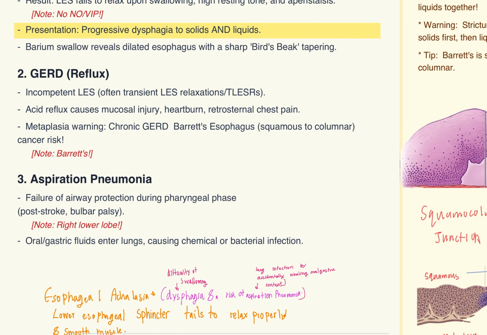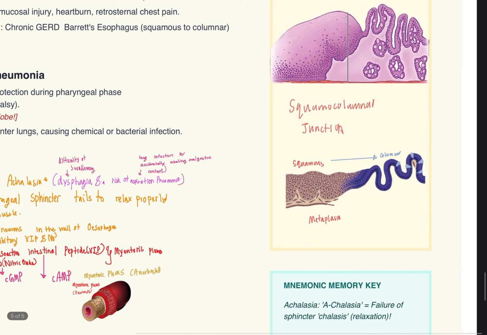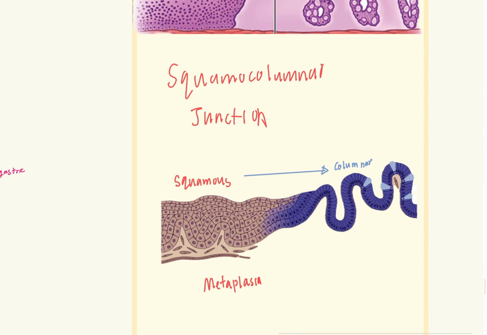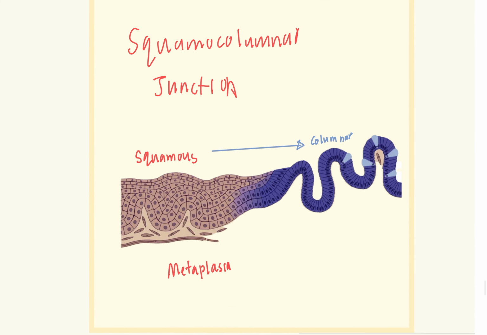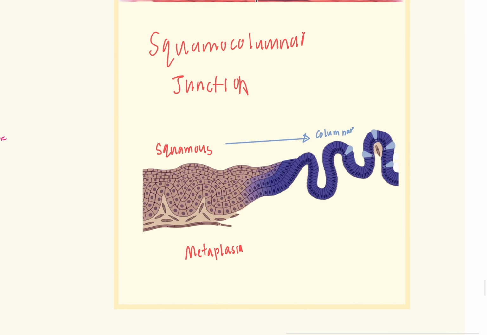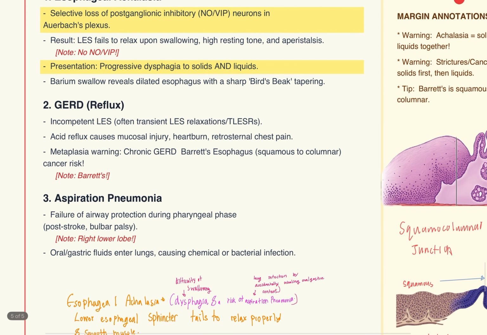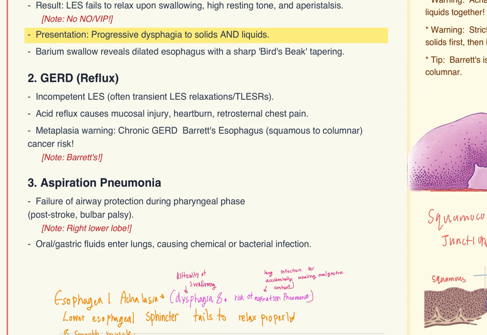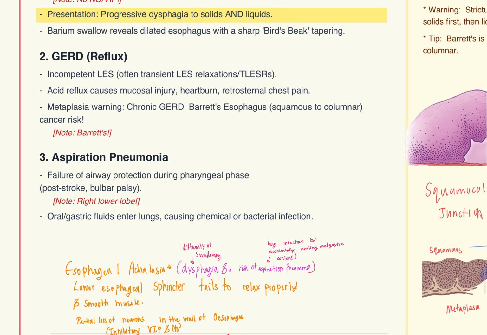So it causes mucosal injury, heartburn, and metaplasia might grow. That means the squamous cells will get replaced by columnar cells which are acid resistant. So that is called Barrett's esophagus, squamous to columnar, and there's a cancer risk in this.